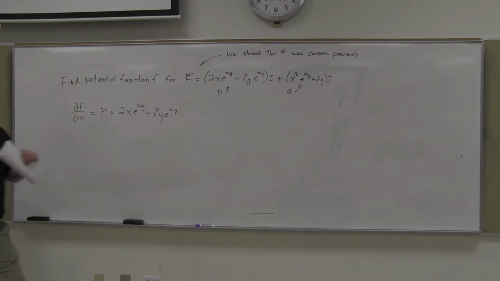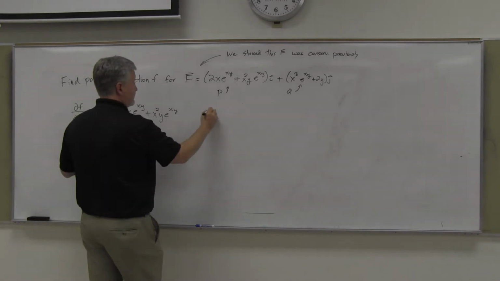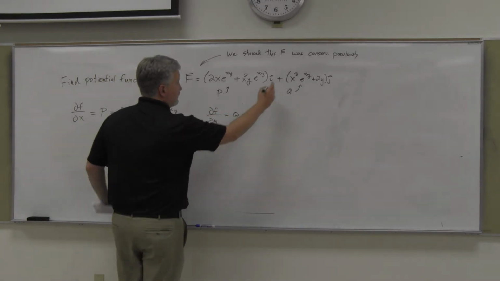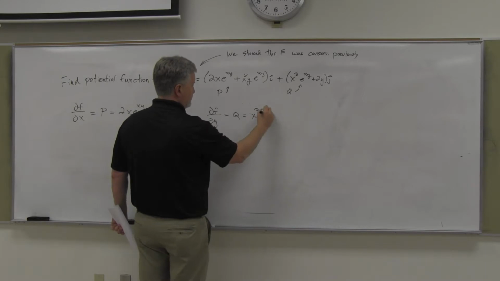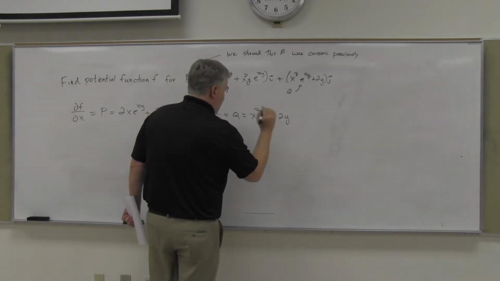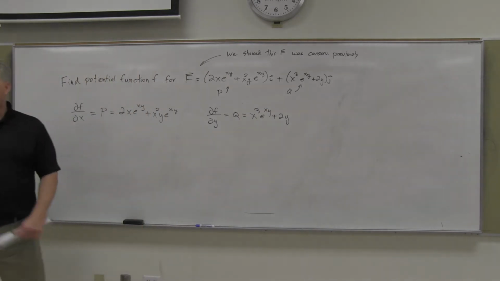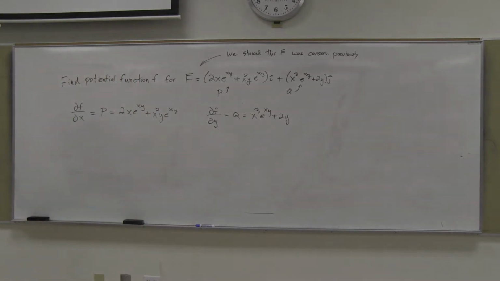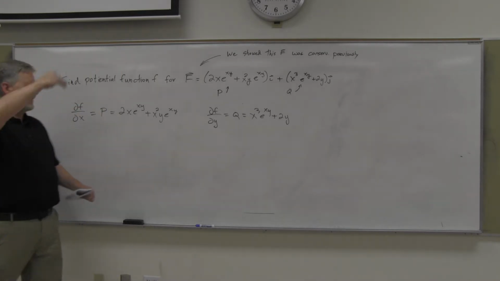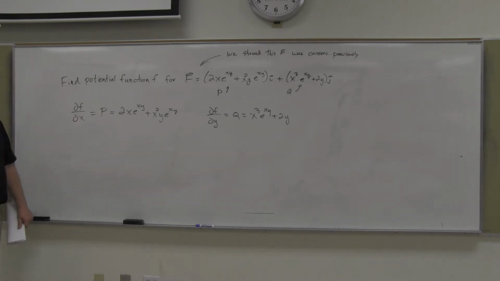And then we set the partial derivative with respect to y equal to Q, which was x cubed e to the xy plus 2y. Okay. So once you got it, because showing it's conservative is kind of a little different. They're two separate parts, but we've already done that. So now this is how we find the potential function. Got to keep those kind of straight there.